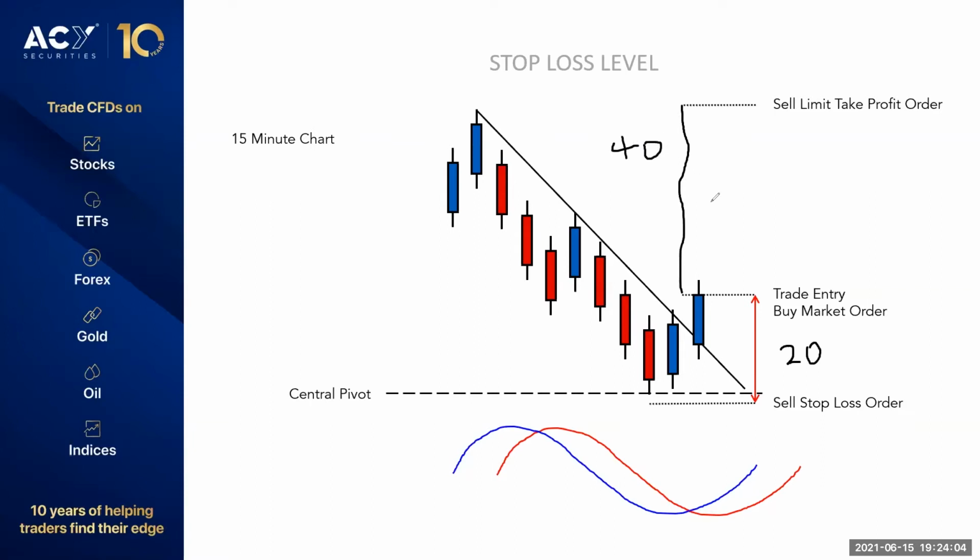So what I like to do is, when I'm up 20 pips, so whatever I'm risking, in this case 20 pips, when I'm at what I'm risking, I'll move my stop loss to my entry level and get the risk out.